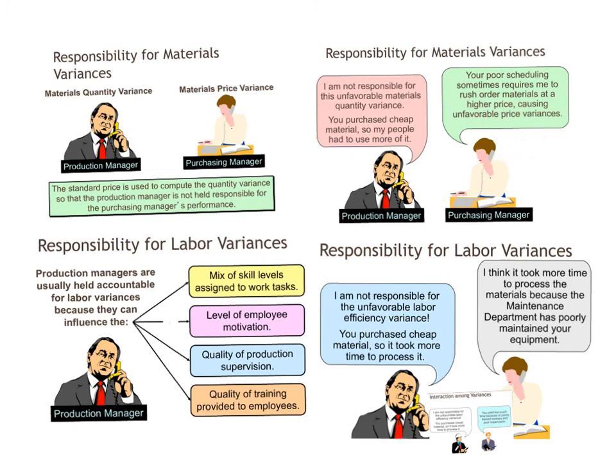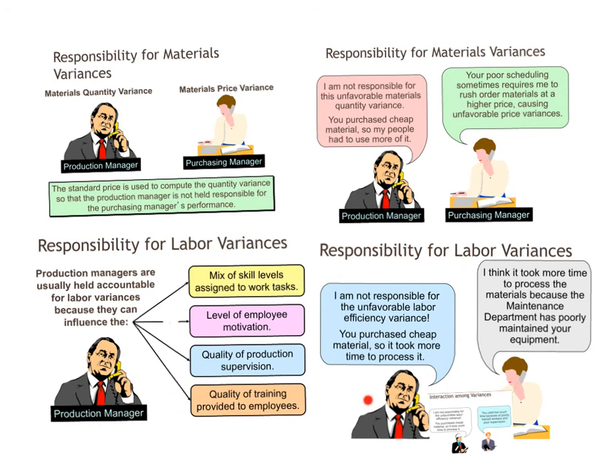The same thing goes with the labor variance. Now, who is responsible for the labor variance? Basically, production managers are held accountable because they determine the mix of skill levels assigned to work tasks, the level of employee motivation, the quality of production supervision, and the quality of training provided to employees. These are all under the responsibility of the production managers.